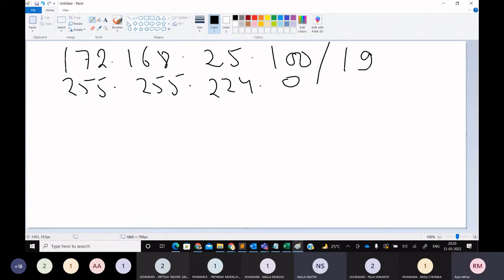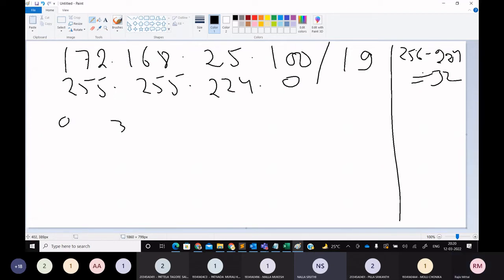Okay, now the next step is 256 minus 224. So how much will it come? 32. Okay, so you have to write multiples of 32, and so on. I'll just write it here like this.